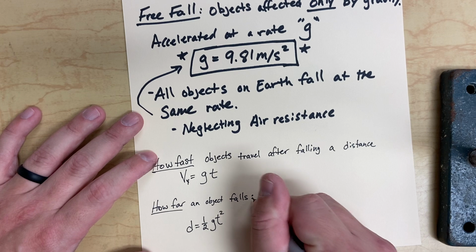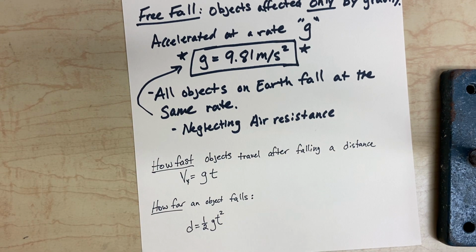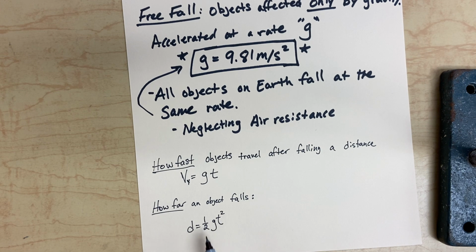To figure out how far an object falls over a set period of time, you're going to take 1/2 times gravity times time squared. Now, order of operations dictates that you are going to square time before you multiply it by gravity in 1/2, but to figure out how far an object falls, this is what you need.